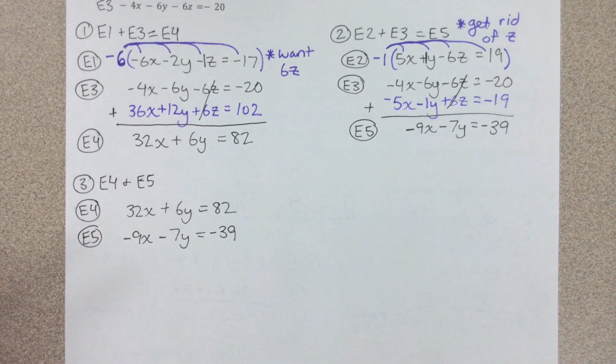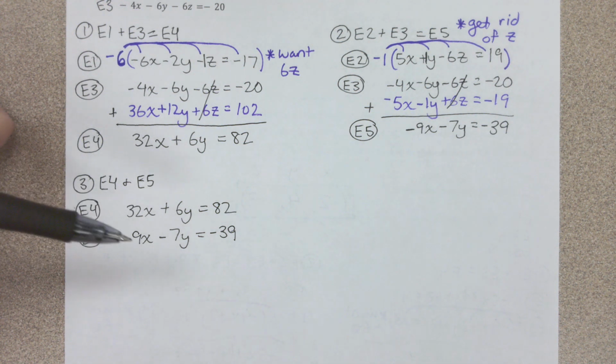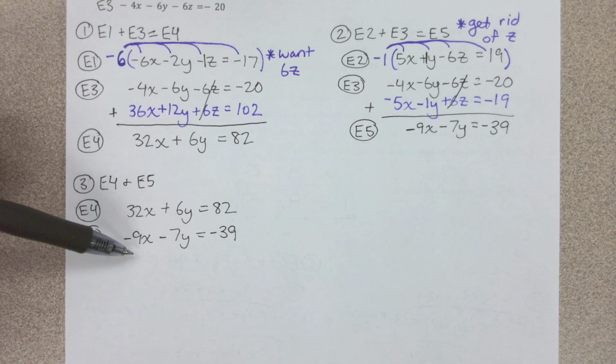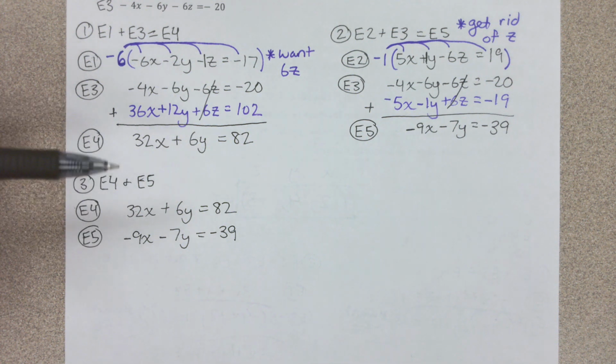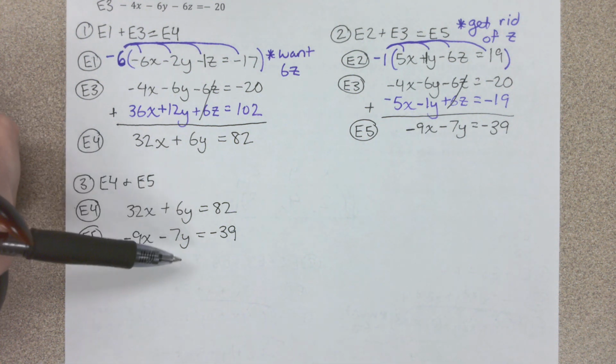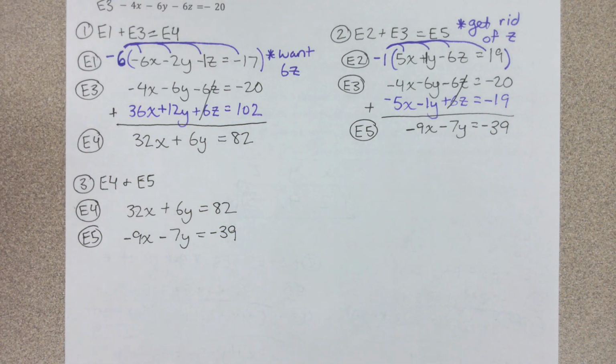So now we have a choice, x or y, of which letter we want to get rid of. Unfortunately, I can't turn this 9 into a 32, so if I work with the x numbers, which you can, I'm going to be working with some really big numbers. The y's are going to be a bit easier to simplify, so let's do that.